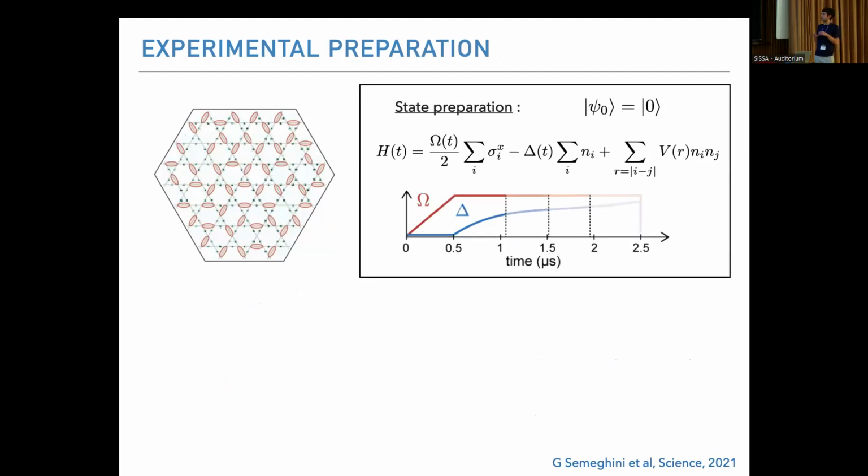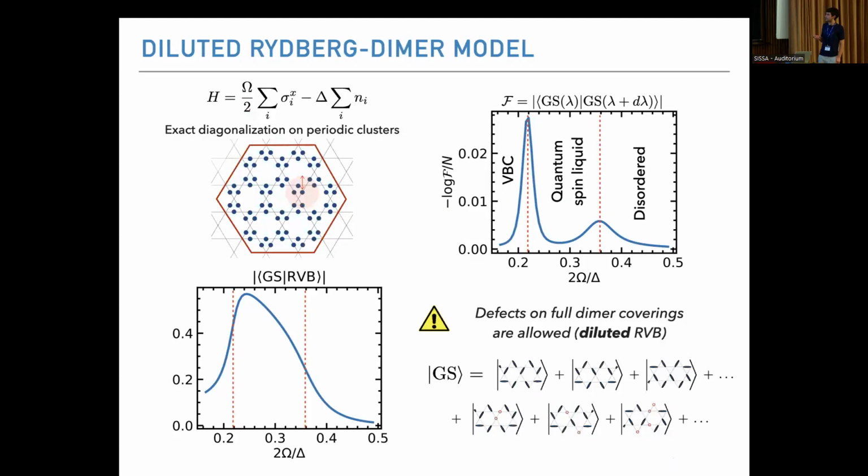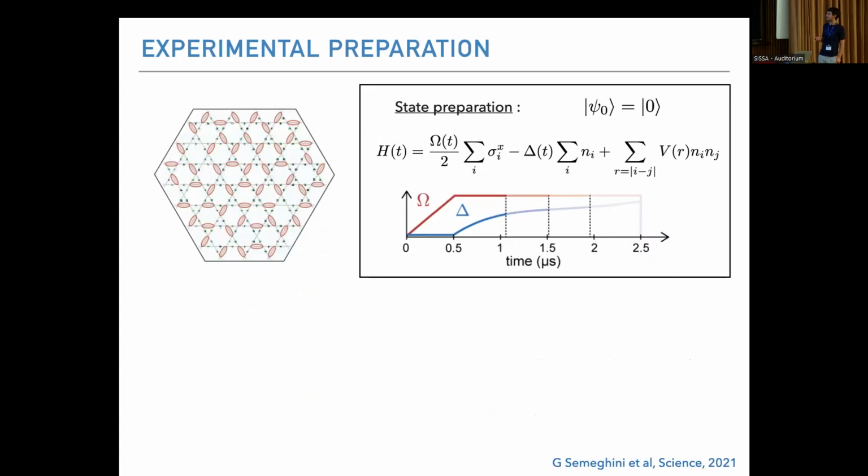Still, they realized the experiment with this Hamiltonian, and the idea was to exactly reproduce this kind of phase here. But the point is that experimentally they can't compute the ground state. So what they actually do is dynamically prepare what they would like to be the ground state of this Hamiltonian, by starting from a product state which is easy to prepare.